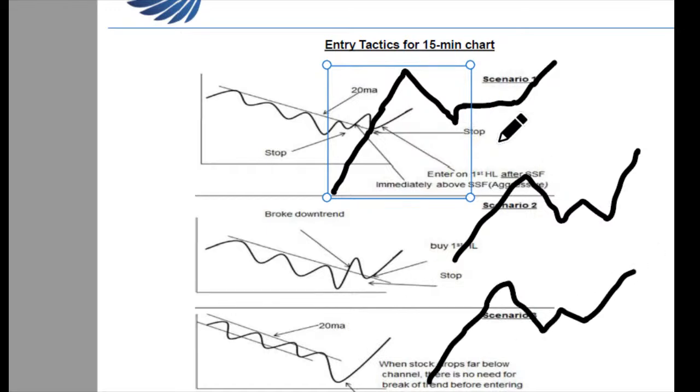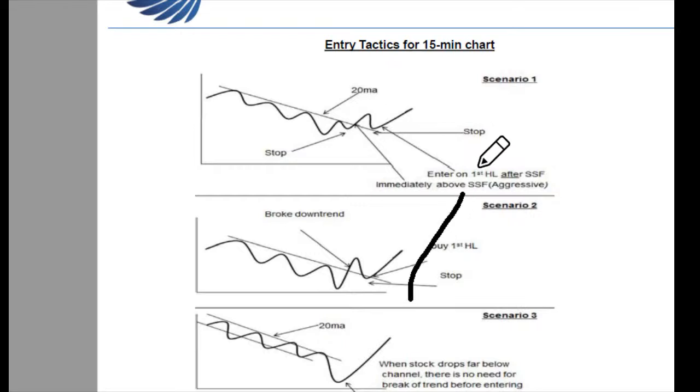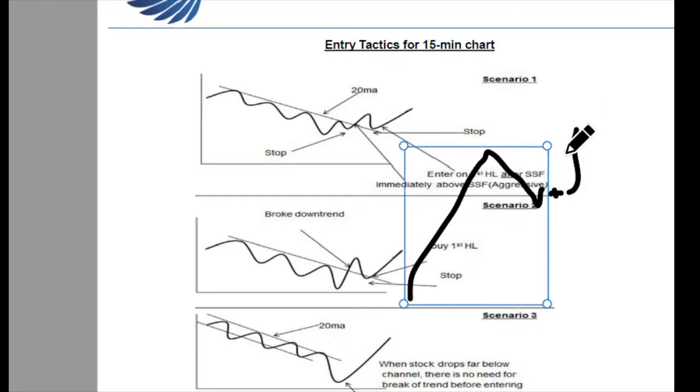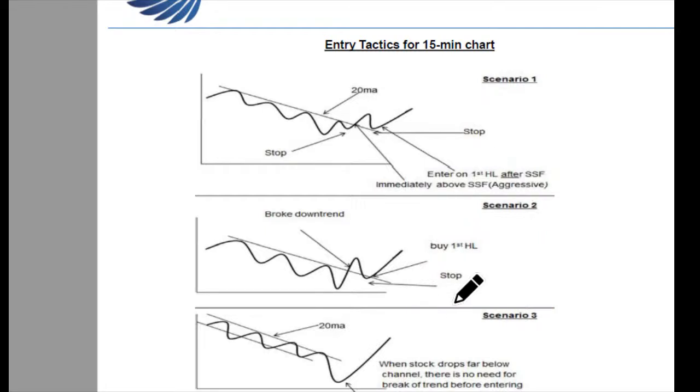Or I get a 1, 2, 3, meaning it moves up and then gives me a doji bar, and then I can do it as a 1, 2, 3, but I don't do it on the first entry.